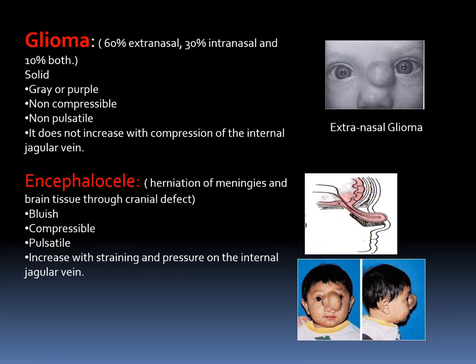This is important to compare with the next one, the encephalocele, which is herniation of meninges and brain tissues through the cranial defect. The encephalocele is bluish, but compressible, here's a difference. Pulsatile, another difference. Increases with straining and pressure on the internal jugular vein.